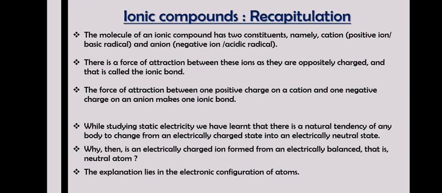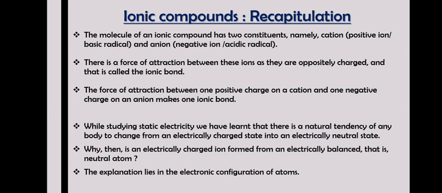Now there is a force of attraction between these ions as they are oppositely charged, and that is called the ionic bond. The force of attraction between one positive charge on a cation and one negative charge on an anion makes one ionic bond. So the more the charges, the stronger will be the ionic bond. Followed?